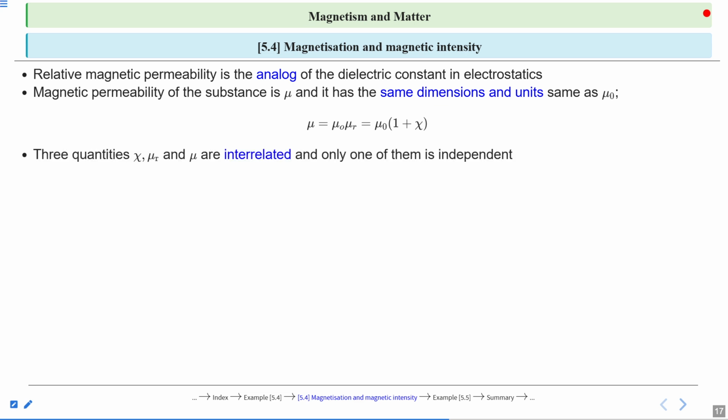This relation is very important, you have to remember it, as we are going to use it in tomorrow's lecture. The three quantities chi, mu r and mu are interrelated according to the above equation, and only one of them is independent. If we are given the value of one quantity, the other two can be easily determined.